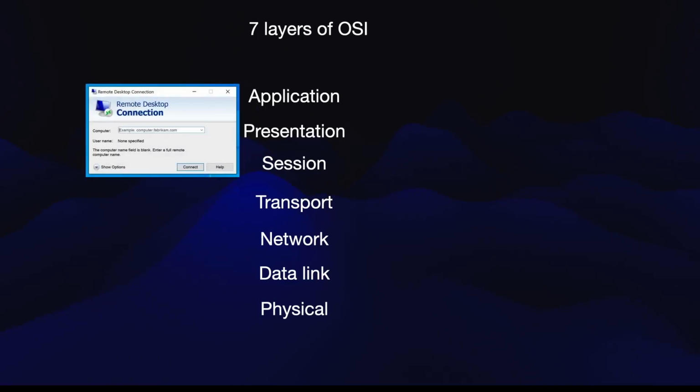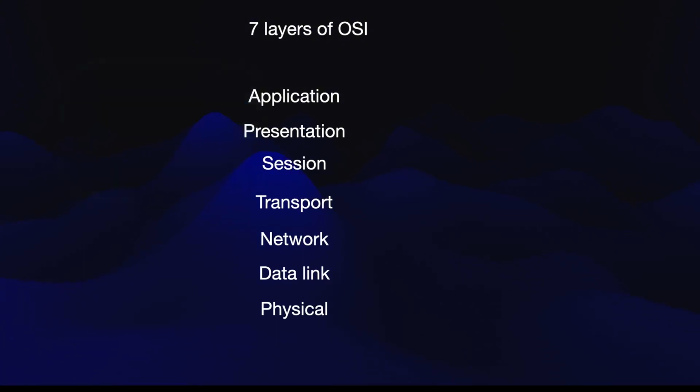The session layer. A great example of a protocol which operates at this layer is RDP, which helps in establishing, managing, and terminating connections. For example, you might have used remote desktop in real time, so that is a great example for the session layer.